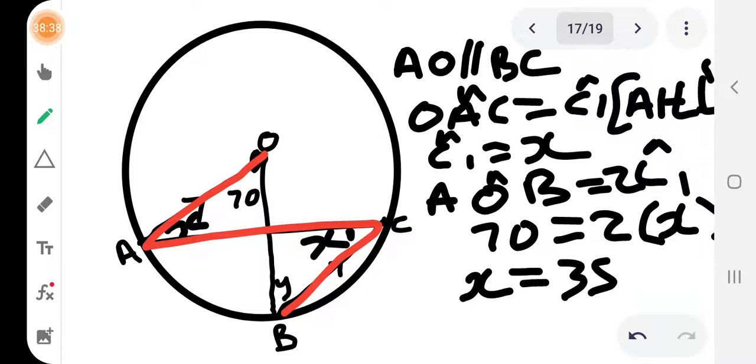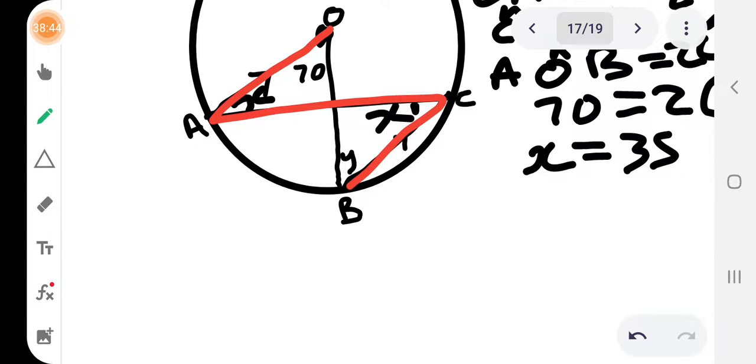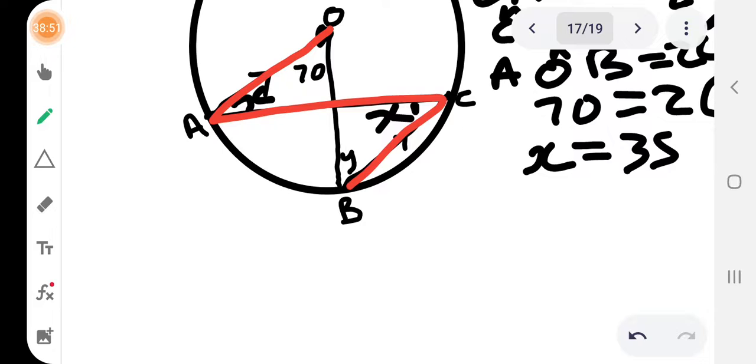Okay, so we need to find the value of y. How are we going to find the value of y? I think this one is going to be simple. We are going to use alternate angles. We say this is our alternate angle.